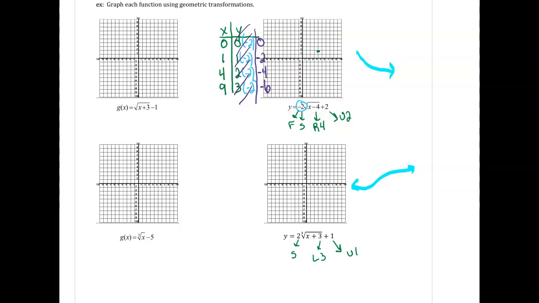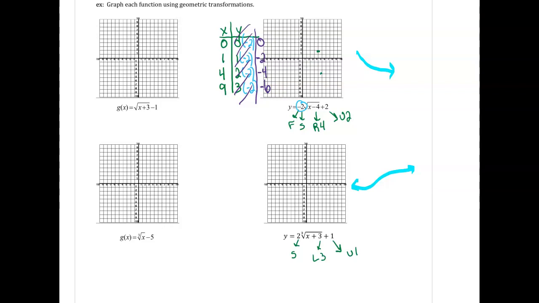I go to 1, -2, and I count right 4. And hopefully I'm getting these. This is a little hard. So here's 1, -2. And if I go right 4, and then down 2. Again, this is a little hard to do on here. Right 4, down 2 is about there. And then I'll take 4, -4.